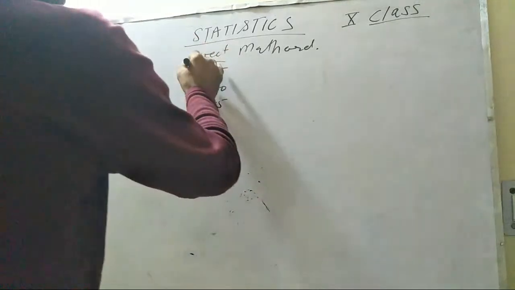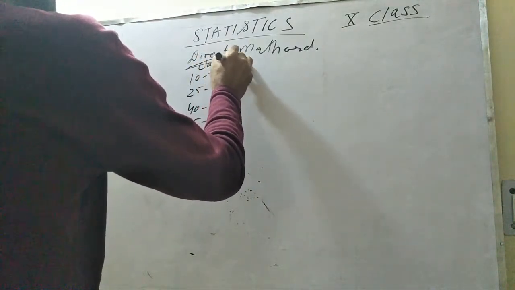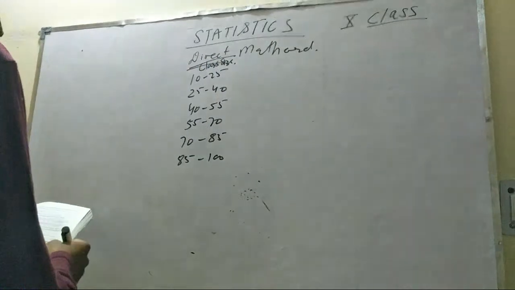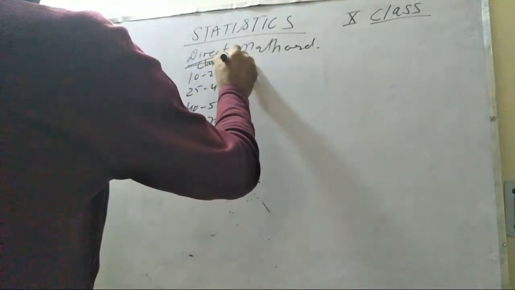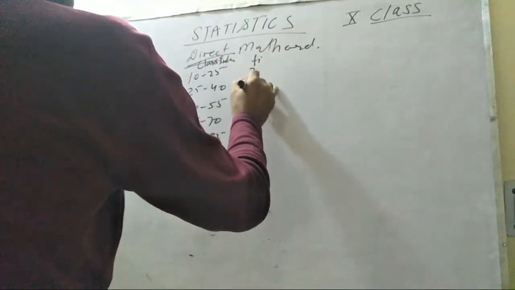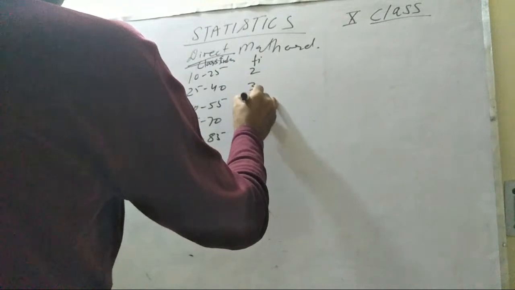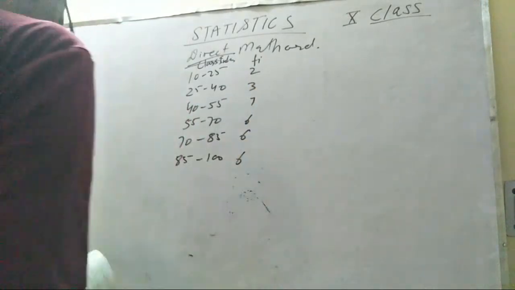This is the class size, या class interval कह सकते हैं. And f1 is equal to 2, 3, 7, 6, 6, 3.